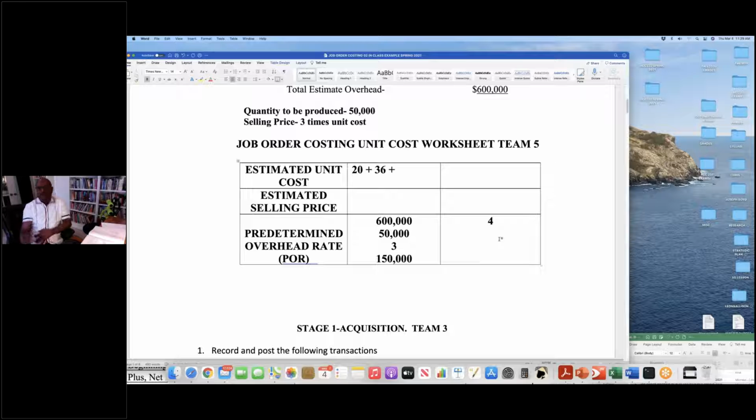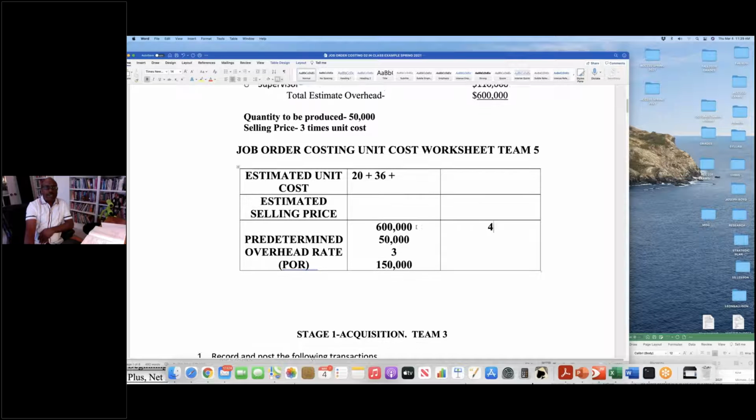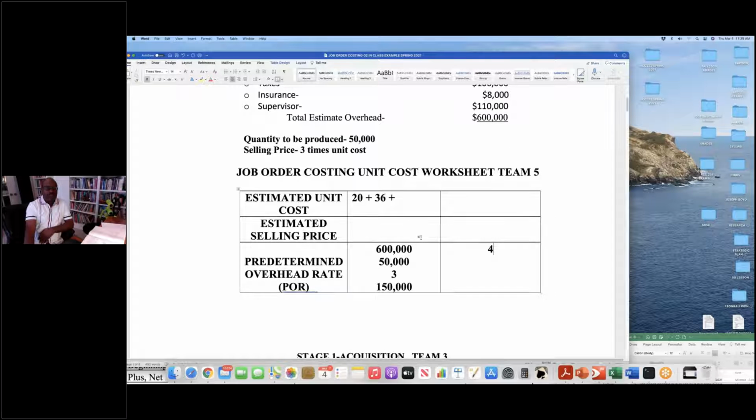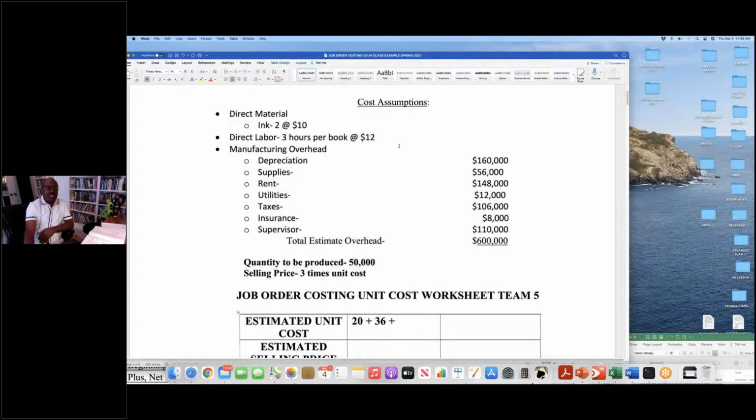Now, can everybody do that? Put these 4 numbers in and get a POR. You don't need a template. The top number is the overhead. The next number is the quantity to be produced. Then we need to know what's our productivity rate.